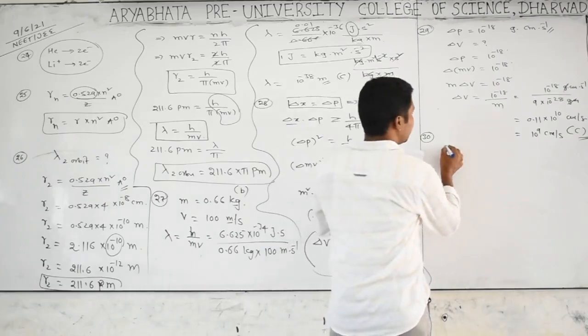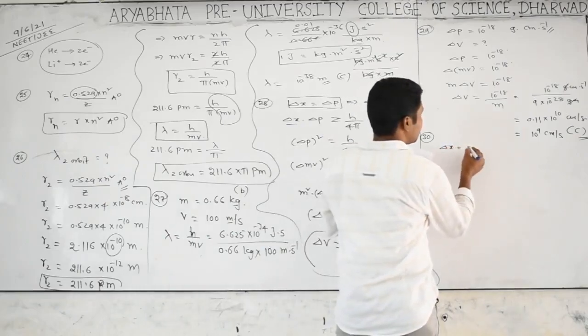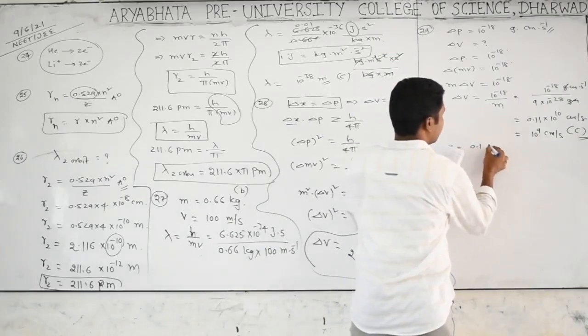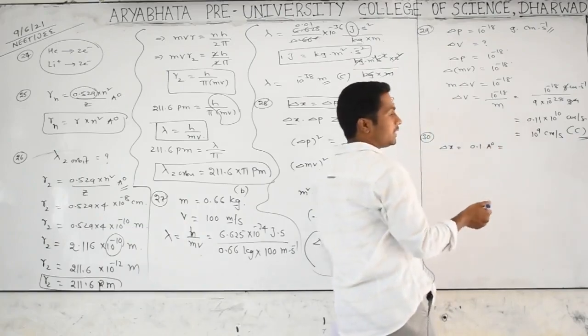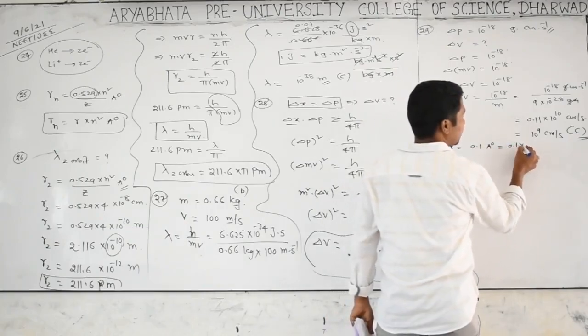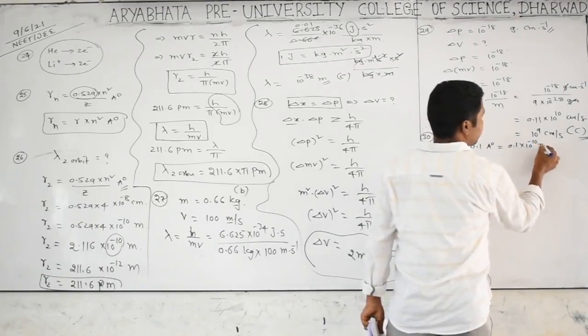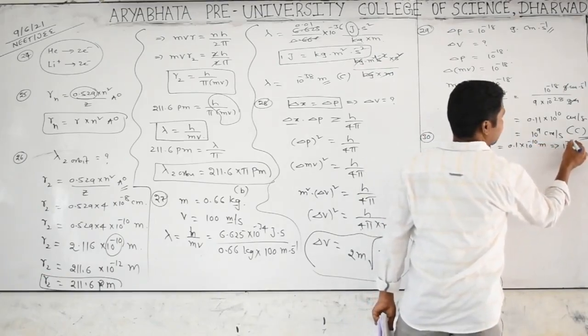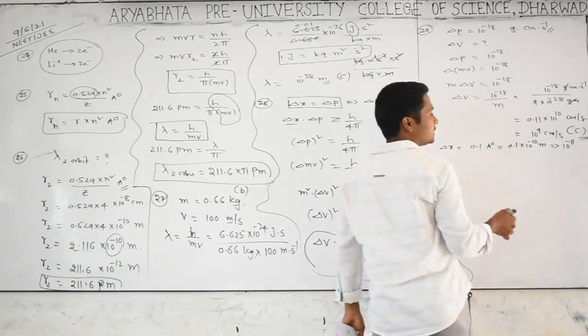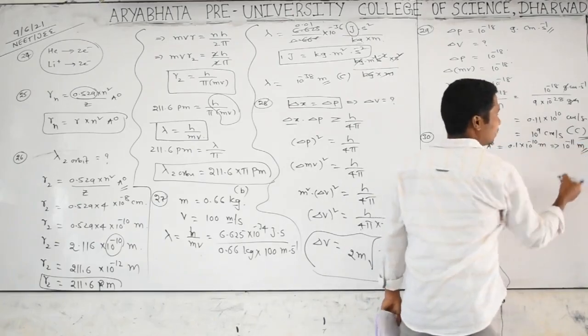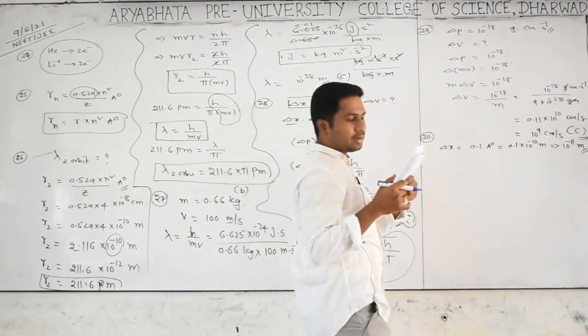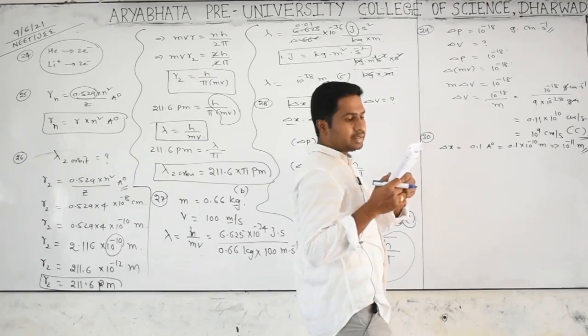So the uncertainty in the distance or position is given as 0.1 angstrom unit. Better we take it in meters. 0.1 into 10 to the power of minus 10 meters is nothing but 10 to the power of minus 11 meters.